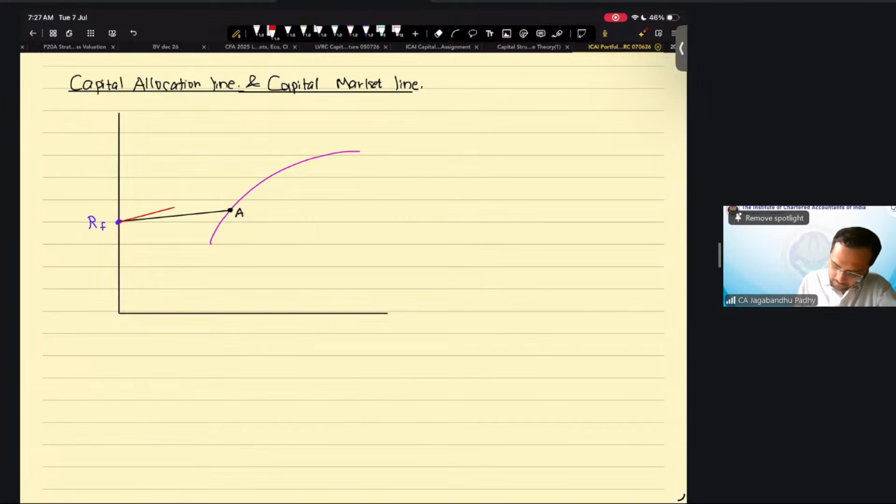Can you see the curve getting formed across the efficiency frontier? And as you keep on selecting higher securities, the line keeps on rising up to a certain point, or I can say up to the point of tangency.